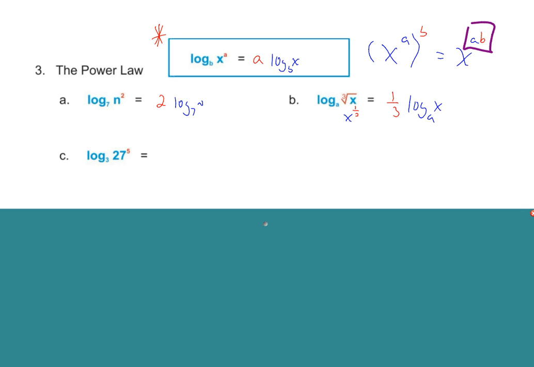What if, because I'm seeing this 3 and that 27, what if instead I made that 27 a 3 cubed to the 5th? Right, same thing. Do you agree?